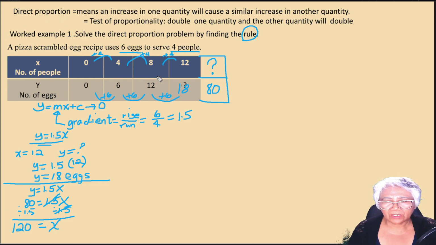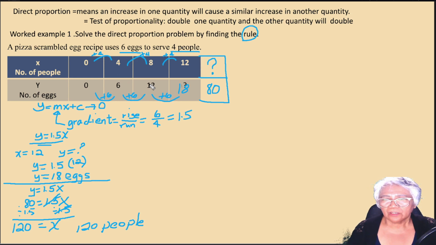So it means to say that with the 80 eggs, we can make a pizza scrambled egg recipe that is good for 120 people. Okay, so 120 people you can serve with 80 eggs that you have to prepare a pizza scrambled egg.